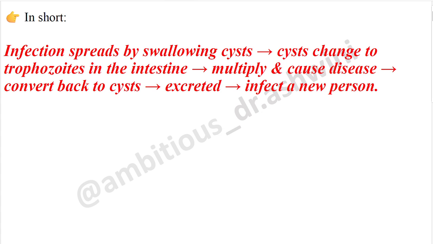So in short, in the Giardia lamblia life cycle, infection spreads by swallowing the cyst. Cyst changes to trophozoites in the intestine, multiply and cause disease, convert back to cyst, are excreted and infect a new person.